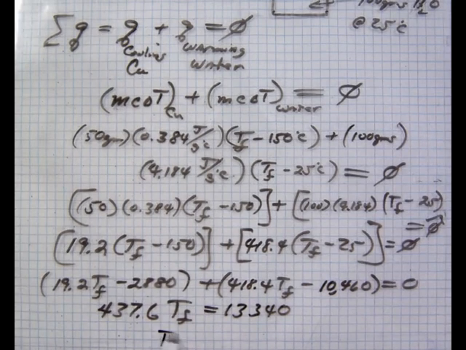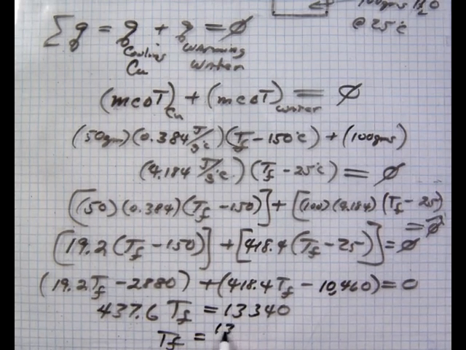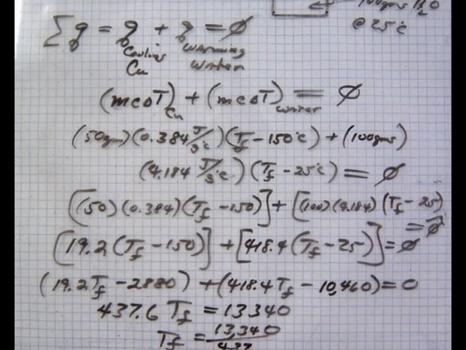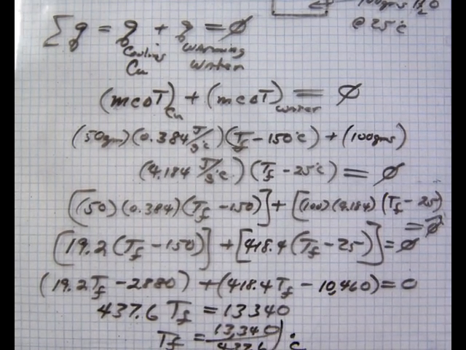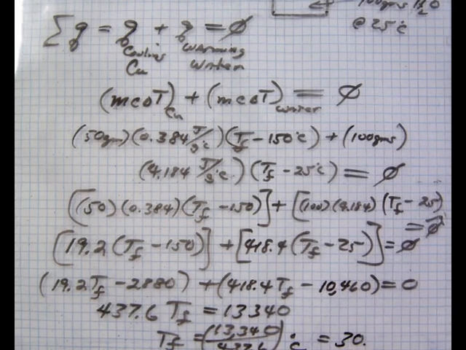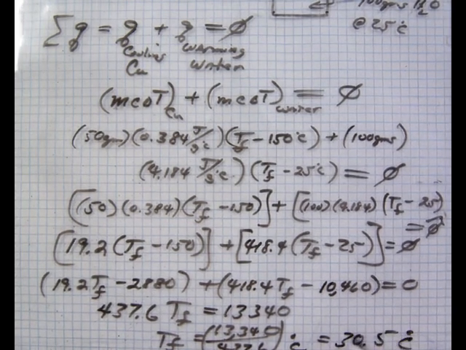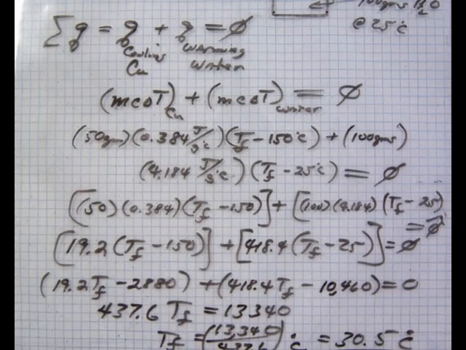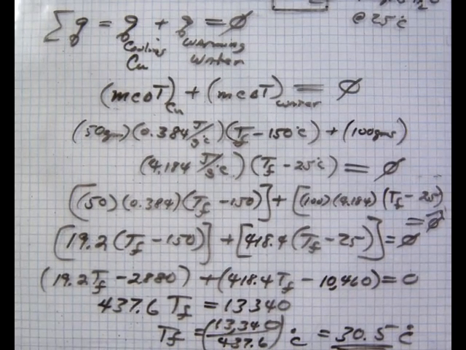So TF now is 13,340 over 437.6 degrees C. And it comes out 30.5 degrees C. So that's your thermodynamic equilibrium temperature when both of them are mixed together.